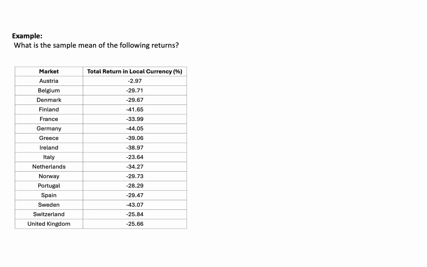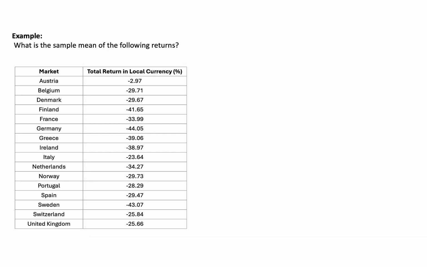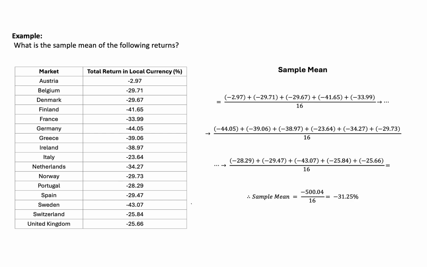So let's look here at a following example. What is the sample mean of the following returns? Suppose you have these 16 European countries with the returns listed here on the right-hand side of the table. If you follow the formula for the sample mean here, because there's only 16 European countries here, it's not every single country in the world, the return here is negative 31.25%.